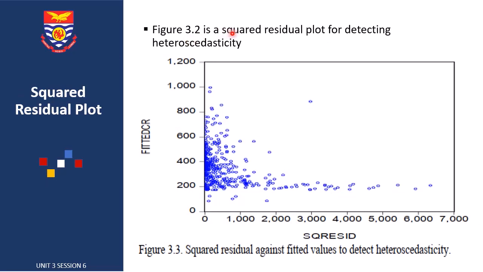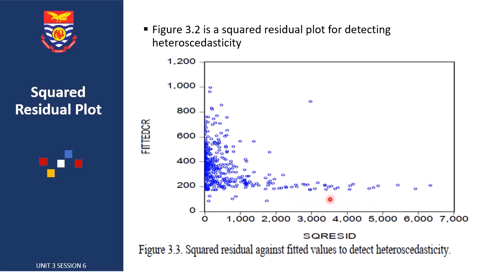Figure 3.2 is a squared residual plot for detecting heteroscedasticity. So unlike the previous figure, Figure 3.1, which was the absolute residual, here we have squared the residuals, and you can clearly see that there is also a pattern. They are following a pattern. We are plotting our residuals against the actual values, and we are trying to detect the presence of heteroscedasticity.